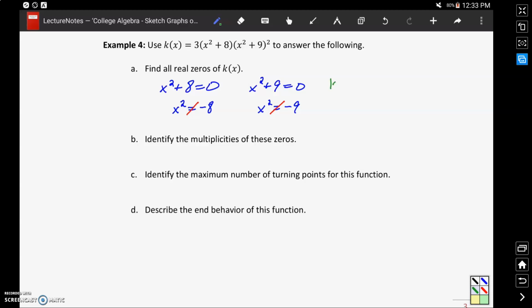So k of x has no real zeros, meaning it has no x-intercepts. So in this case, the graph of our polynomial function would never intersect with the x-axis.